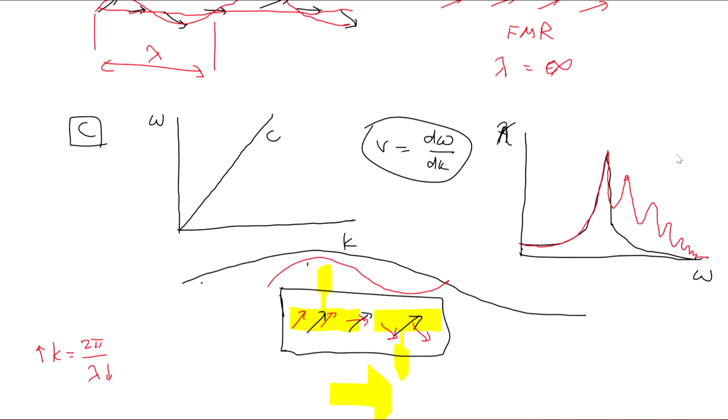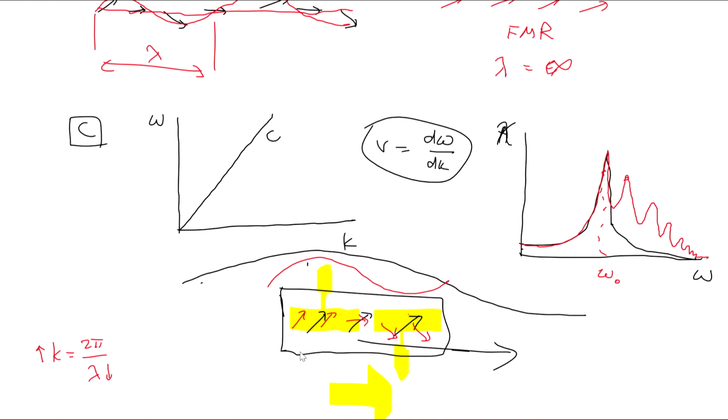So what this means is that first, you have this omega naught here, where all magnetic moments oscillate at the same time. Followed by that, you have another standing wave. Of course, for a finite size of material, you cannot have a wave that propagates infinitely.